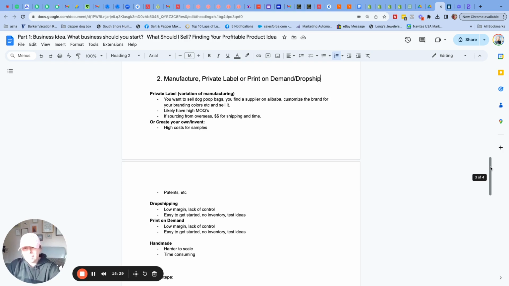And then the last one is going to be handmade. Some of these are kind of in between. For example, if you wanted to start an apparel company, you would work with a local print company, or you would hand make them yourself using some kind of printing machine or an ink press or something.